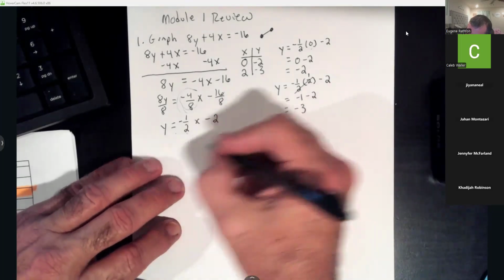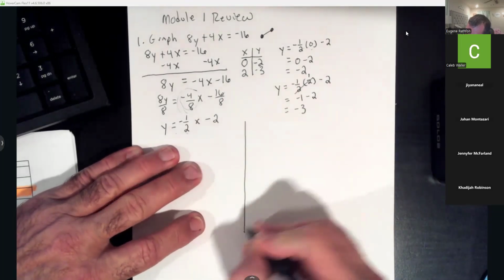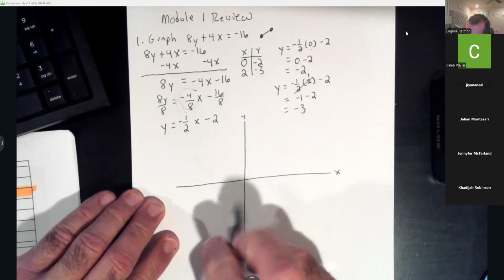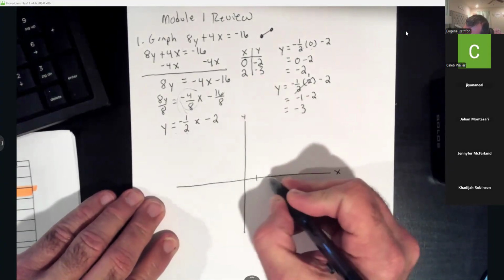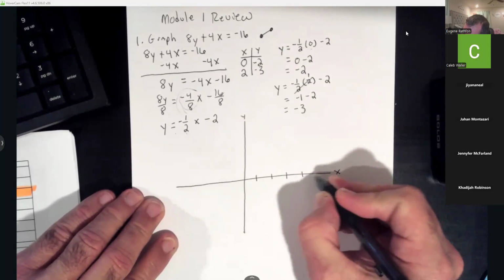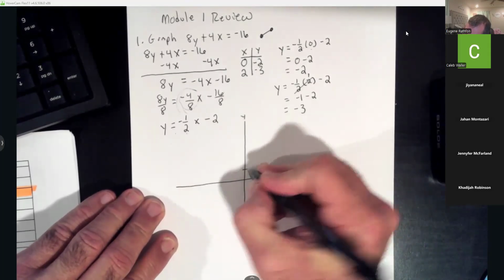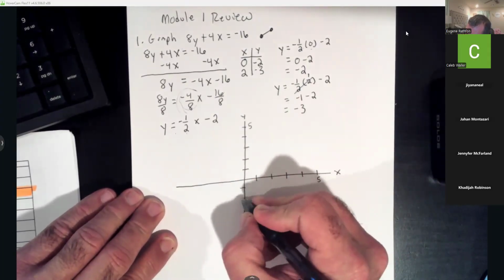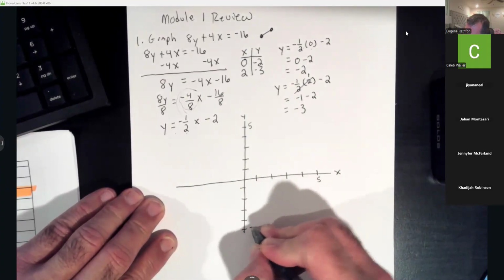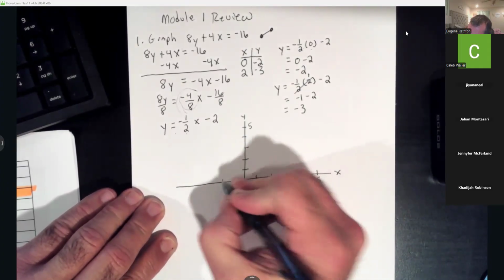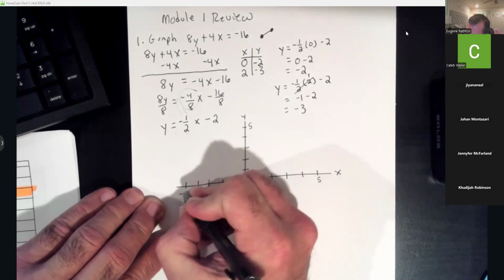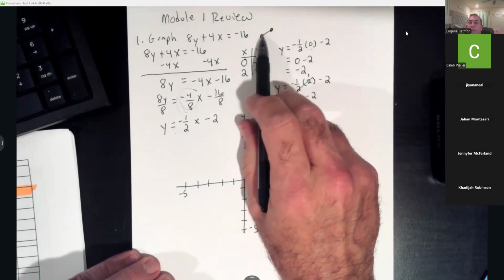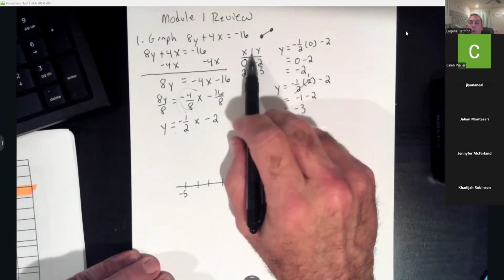So for my graph, y'all, I'm just going to go out about 5 since my numbers were fairly small. Alrighty, so like I said, in MathLab, you're using a 2-point line tool, and you got to plot at least 2 points for that one.